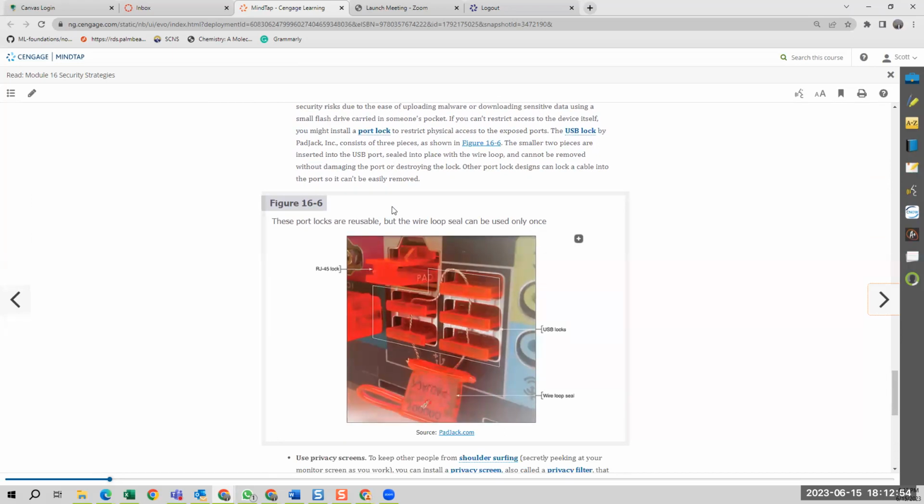There are what are called port locks, where we can literally put locks in the USB ports that would prevent somebody from taking data with them from the system on a portable USB drive, thumb drive.